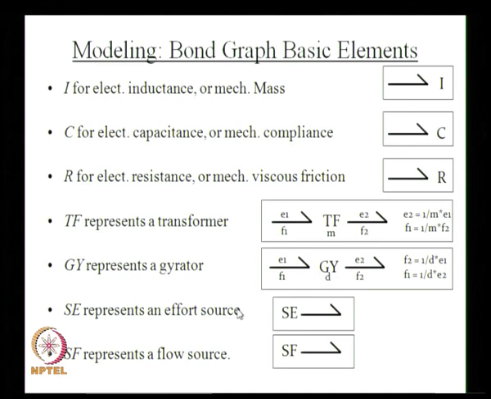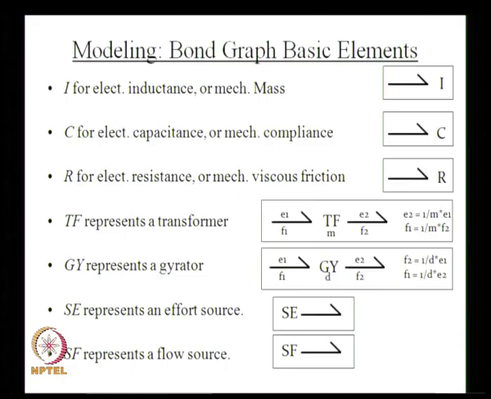And there are two other elements, source effort and source flow. Source effort is an effort source, that is you provide an effort to the system as a source effort, and that is represented by an SE element. For example, a voltage source can be represented by a source effort.